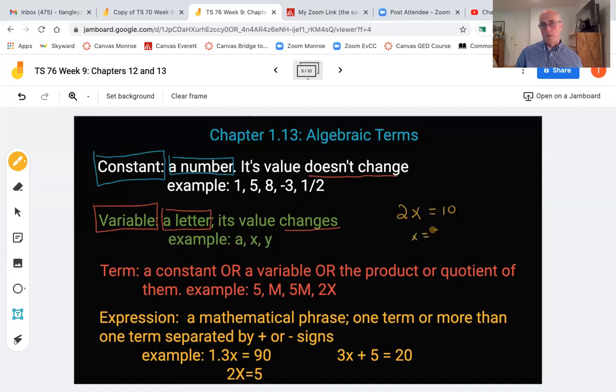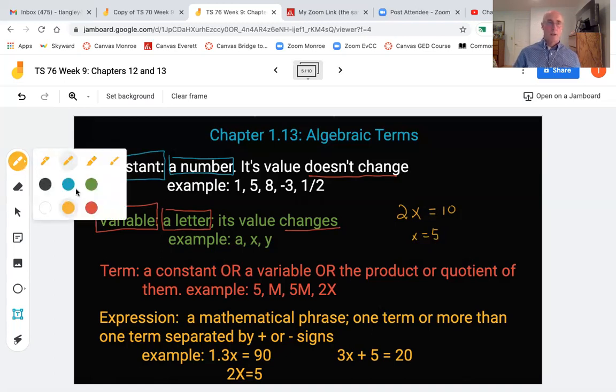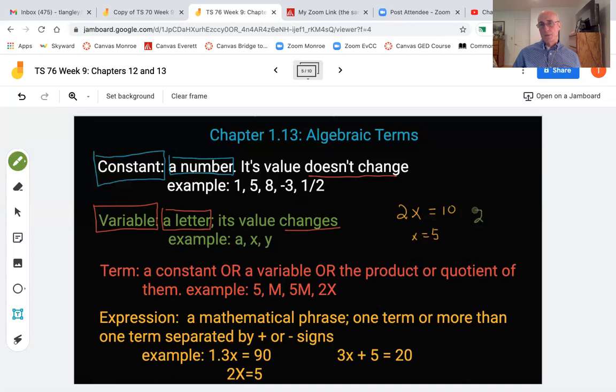In this case, x is the variable. However, if I said 2x equals 20, you could probably think in your head, what times 2 equals 20? 10. So x equals 10.